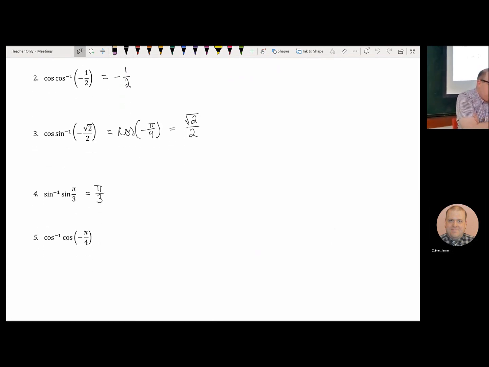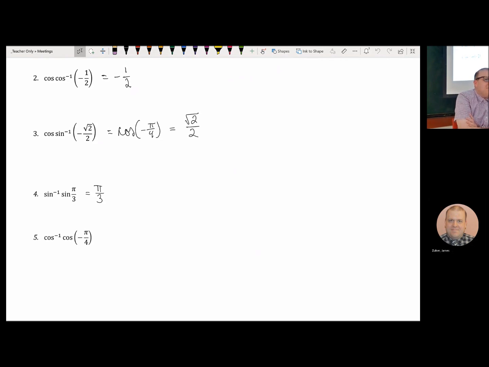Inverse cosine of cosine of minus pi over 4. So that angle, negative pi over 4, has to be in the range of cosine?